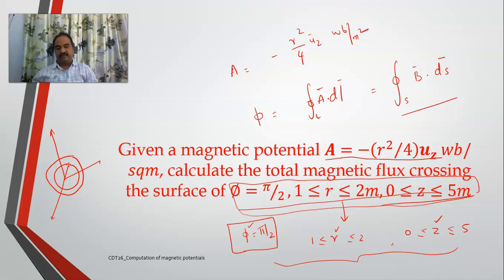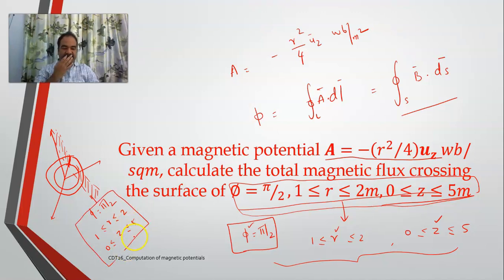I'll take it in this direction, which means that they want this particular region, and this area is spread across in this fashion. So they want this region where phi is equal to pi by 2, it is fixed, and r is varying from 1 to 2, and z is varying from 0 to 5. So in this region they will need magnetic flux. So that we will find out now.